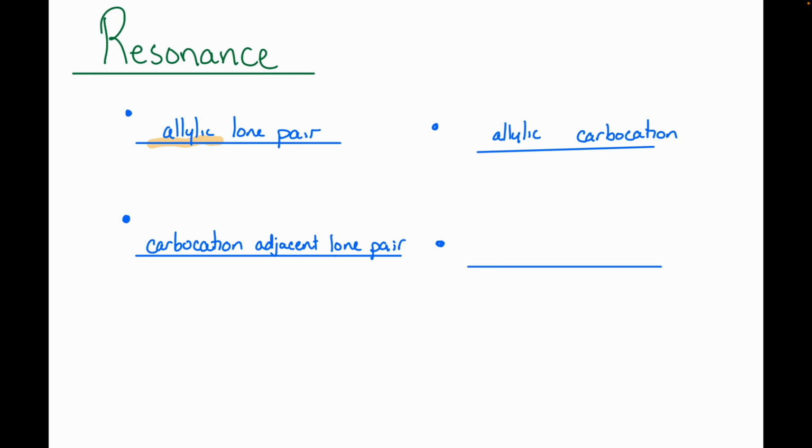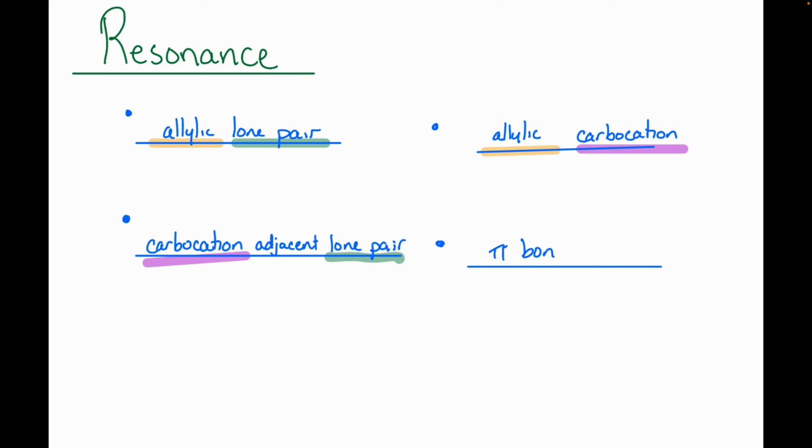We have an allylic lone pair. Then we have an allylic carbocation. And then lastly, we have a lone pair next to a carbocation. So we have these three little vocab words being tossed around for each of those three categories. What's the last one that I'm missing here?